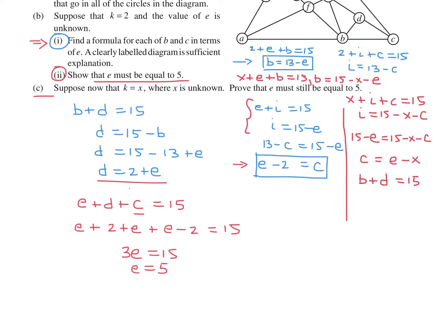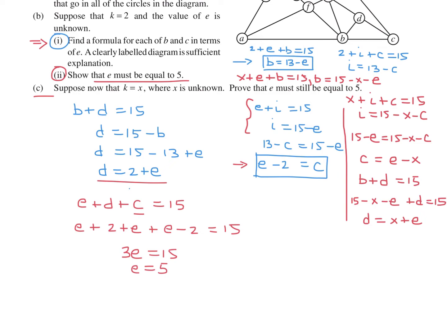And B is right up here, so we've got 15 minus X minus E plus D is 15. If you make that substitution, the 15s disappear, so therefore D is equal to X plus E.